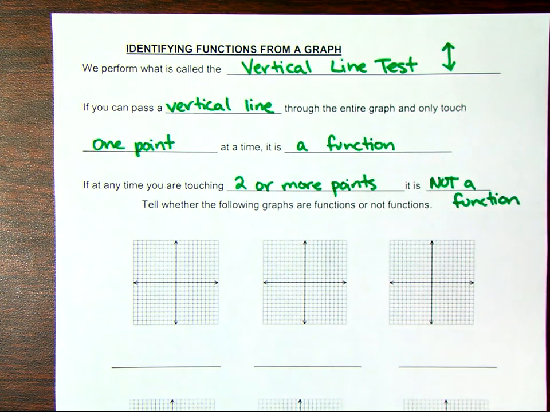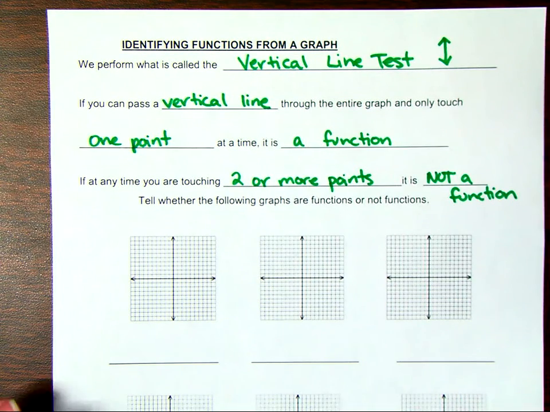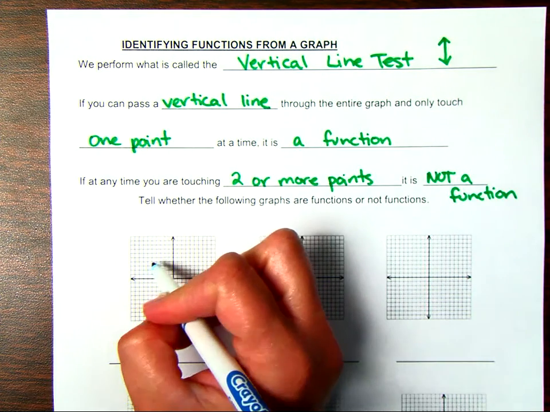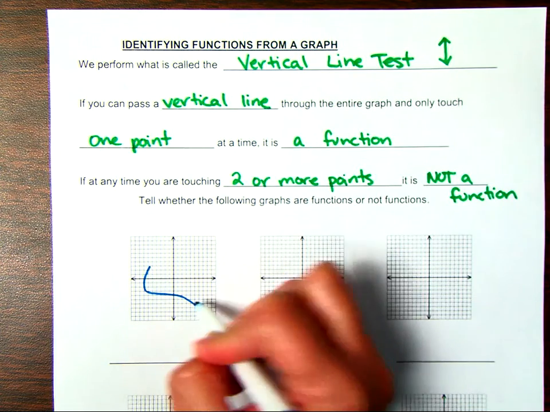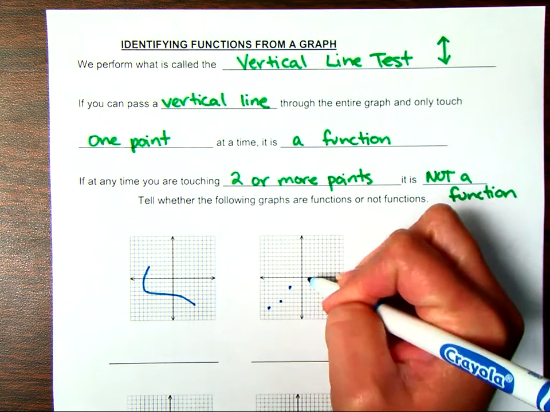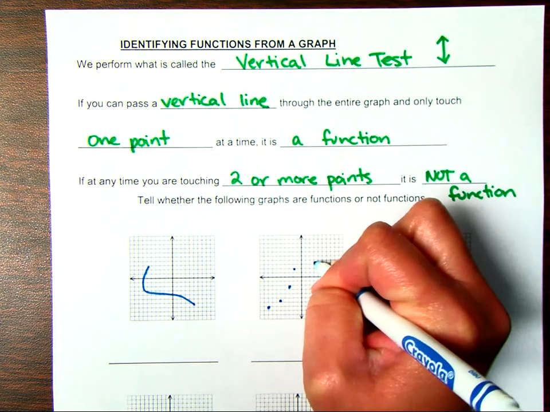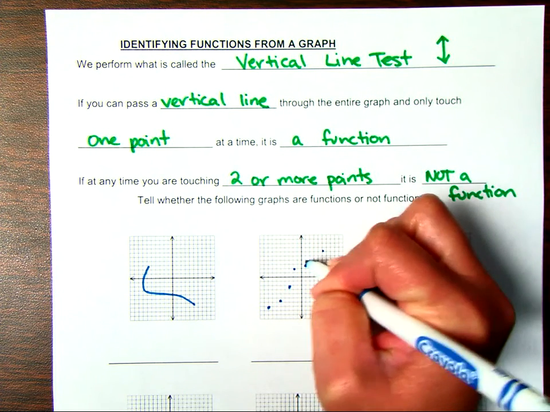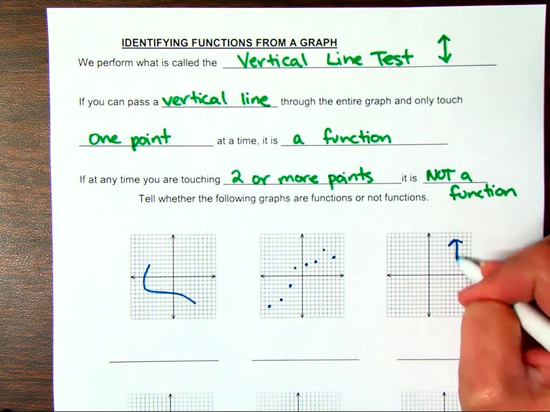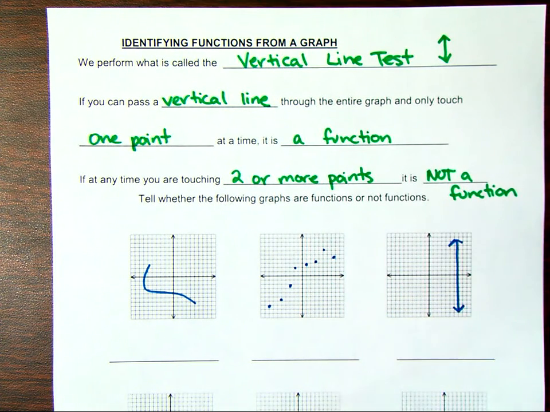Okay? So we're going to look at these graphs. So if I had a graph that looks something like this, and then I had something like this, and then I had something like that. Okay, so here's what we're going to look at.